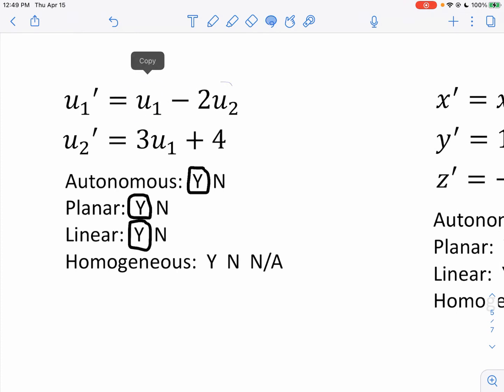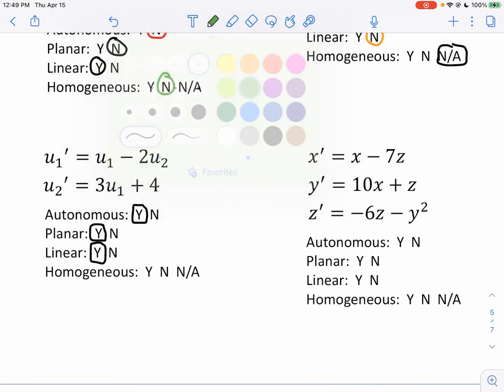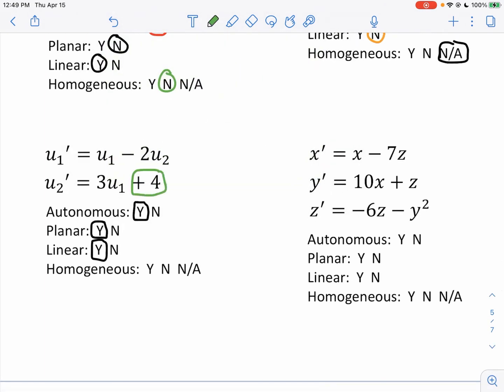In the first equation, both terms involve a coefficient times a dependent variable. Now, in the second equation, only the first term is a coefficient times a dependent variable. This over here is a term that makes this inhomogeneous. So we're going with green for the inhomogeneous part. The presence of this term right here makes this not homogeneous.